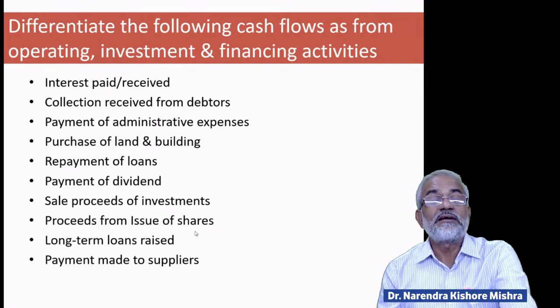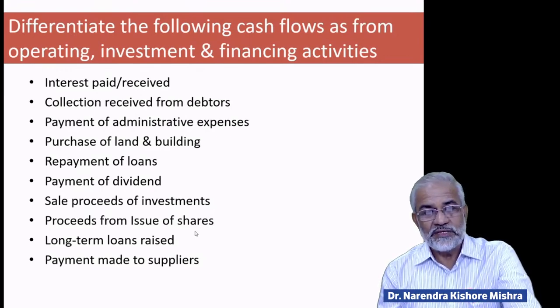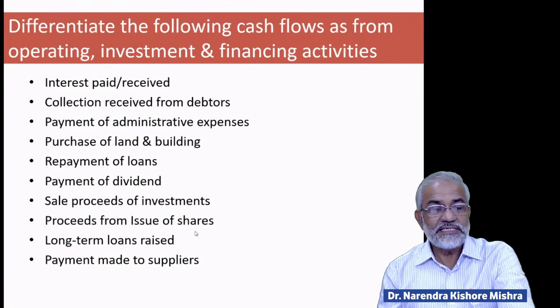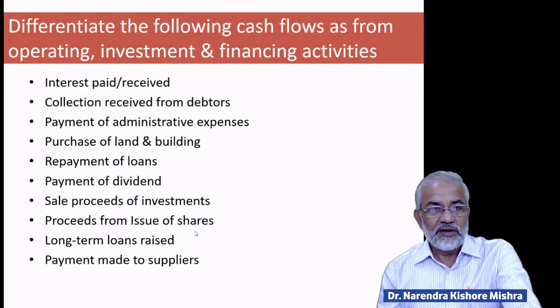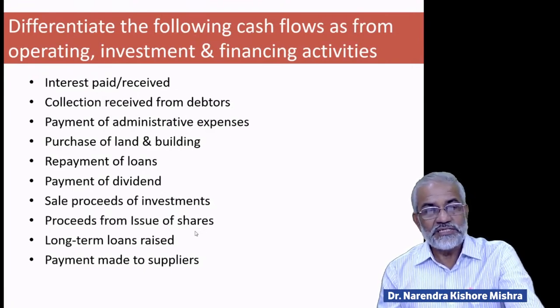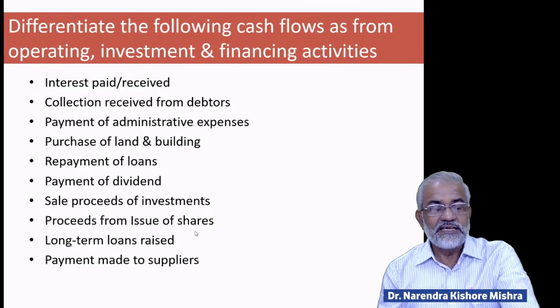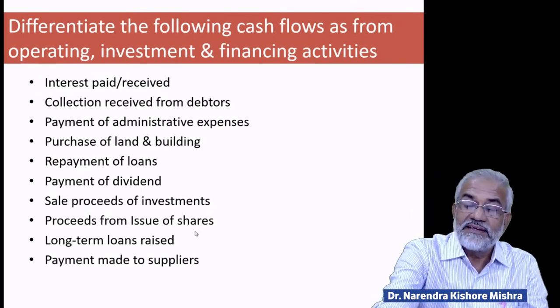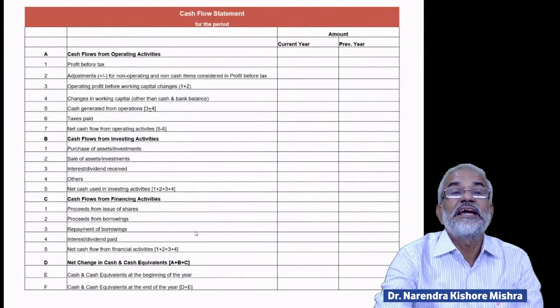Payment made to suppliers will come under the operating activities. Interest paid and received, if the interest relates to any bonds and debentures held by the company, then it will come under the financing activities. Otherwise, it will come under the investing activities. Collection received from debtors obviously comes under the operating activities. So accordingly, you need to segregate depending upon the nature and character of the items.